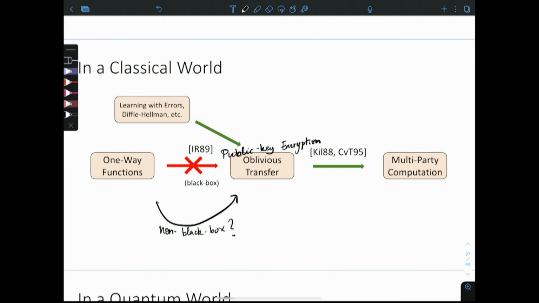Intuitively, at a super intuitive level, one-way functions and public key encryption are very different primitives because encryption schemes inherently involve trapdoors. The trapdoor is the secret key of the encryption scheme that lets you decrypt any arbitrary ciphertext that was created with respect to your public key. On the other hand, one-way functions are non-trapdoored primitives inherently. There's no single trapdoor that will let you invert the one-way function anywhere.